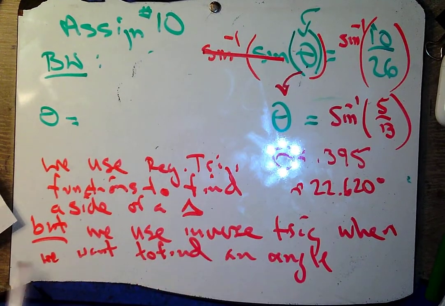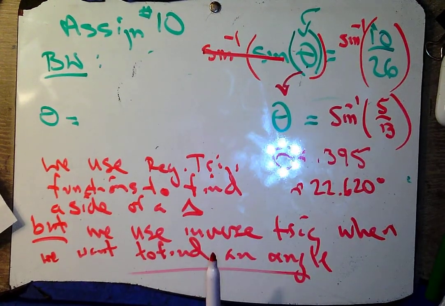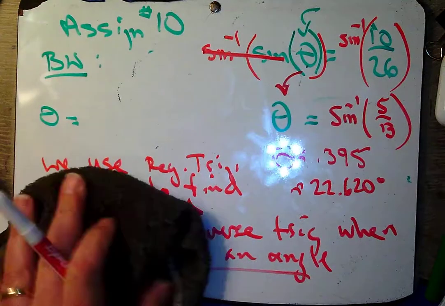Okay? It's the only time I use the inverse trig buttons is when I'm looking for an angle. All right? So why don't we do another one of those?